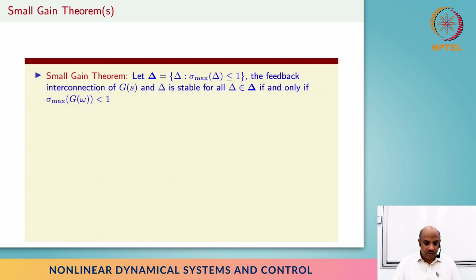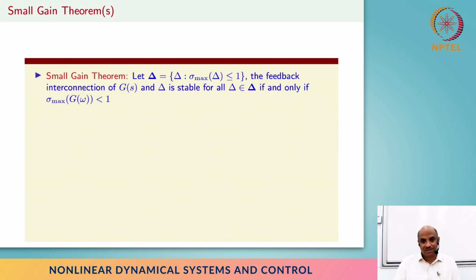Then the small gain theorem essentially says that the feedback interconnection of G of S and delta, going back to the stability of the uncertain system, is stable for all delta belonging to the set delta if and only if sigma max, the maximum singular value of G of j omega, is less than 1 for all omega, right?